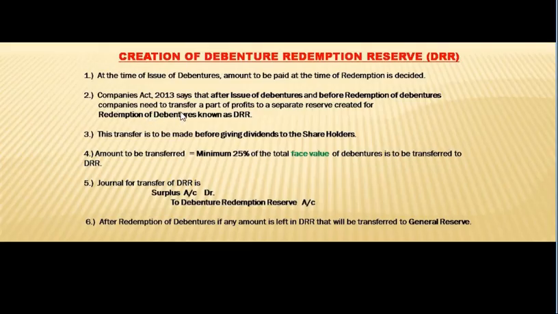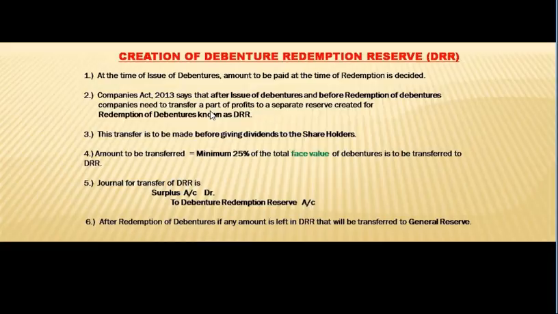Companies need to transfer a part of profits to a separate reserve created for redemption of debentures, known as DRR. So after the issue and before redemption of debentures, if you have profits, companies need to transfer a part of profits to this reserve, known as DRR.